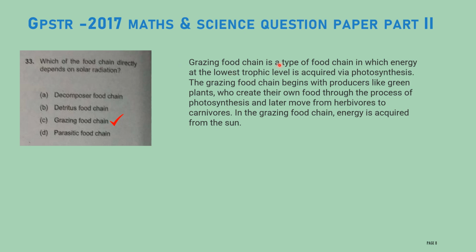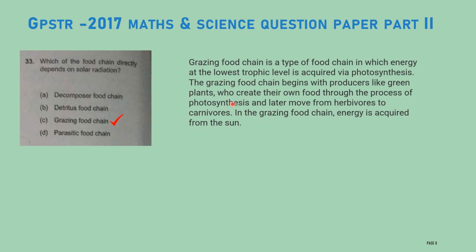Grazing food chain is a type of food chain in which energy at the lower trophic level is acquired via photosynthesis. The grazing food chain begins with producers like green plants, which create their own food through the process of photosynthesis. Here, green plants behave as producers because during photosynthesis they prepare the food, using sunlight, water and carbon dioxide.